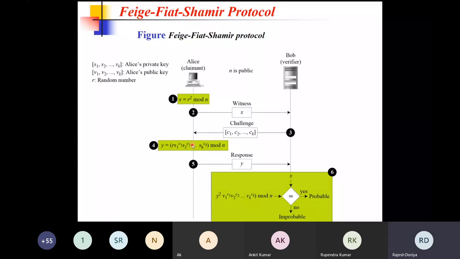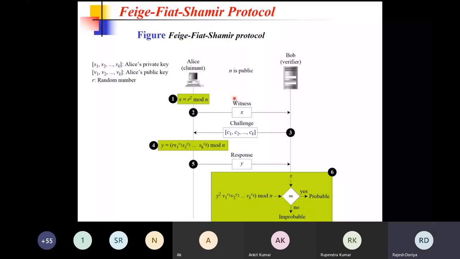So rather than having a fixed private key, public key and a challenge, we use a vector of private keys, public keys, and challenges. At all these steps, the authentication has to be done. If even in a single step authentication fails, then the overall authentication will be aborted.